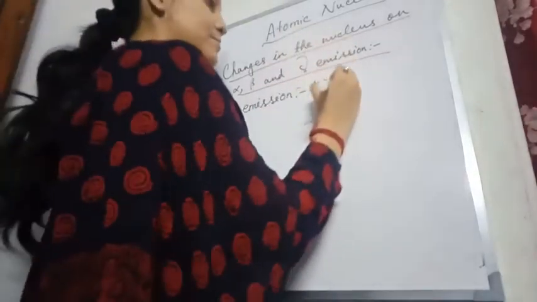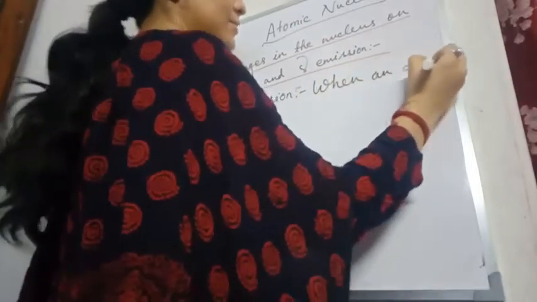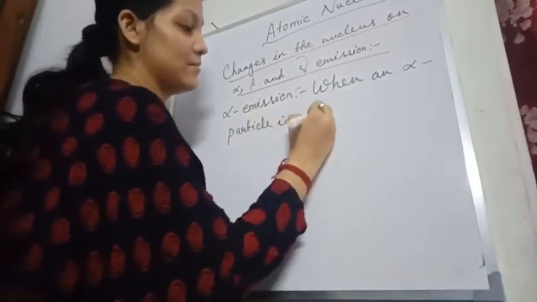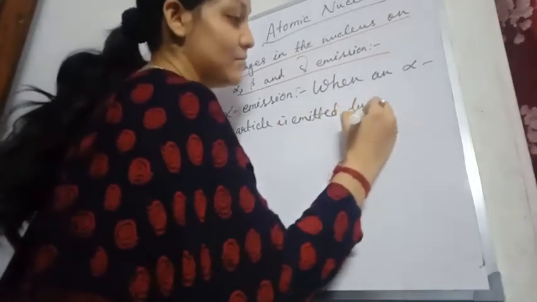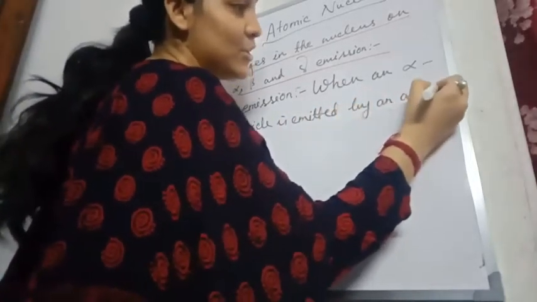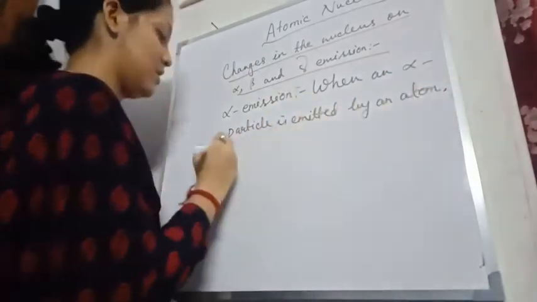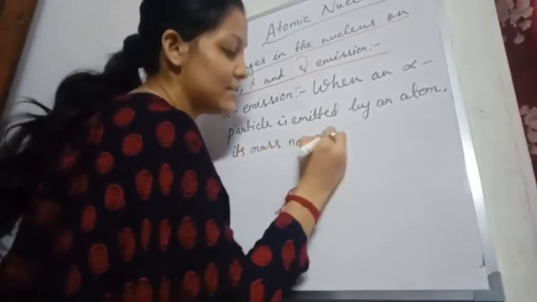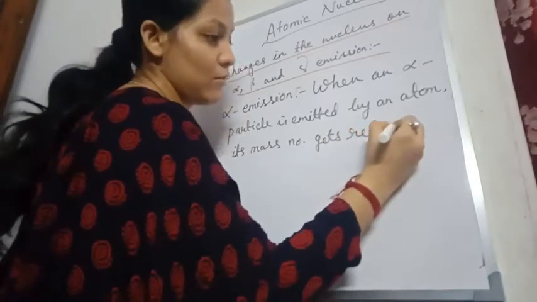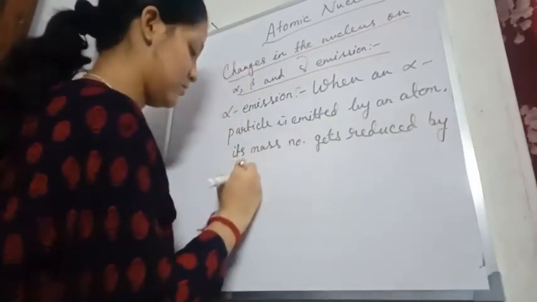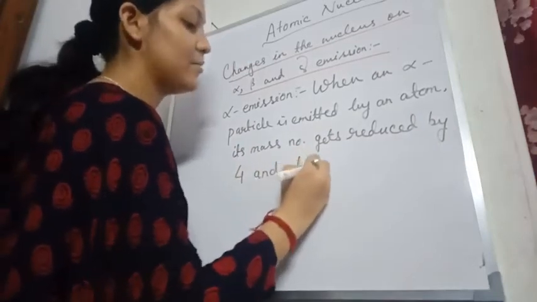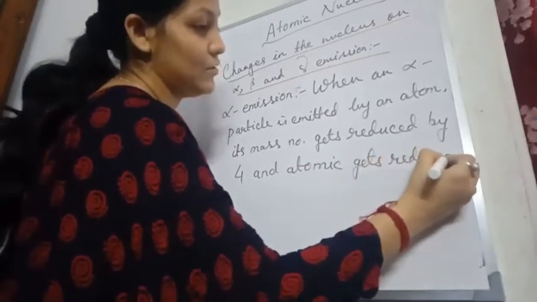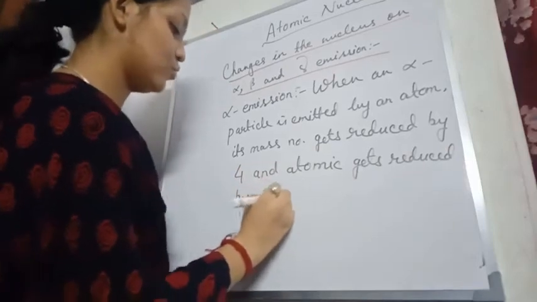When an alpha particle is emitted by an atom, means basically by the nucleus of an atom, its mass number gets reduced by 4 and atomic number gets reduced by 2.